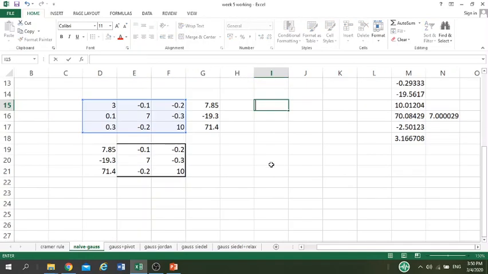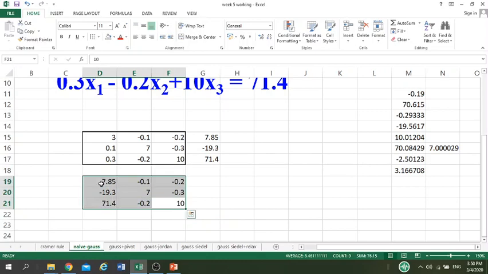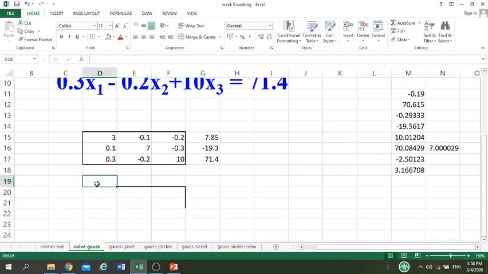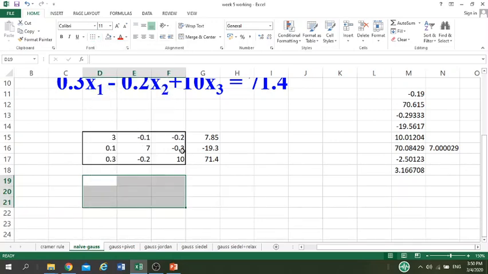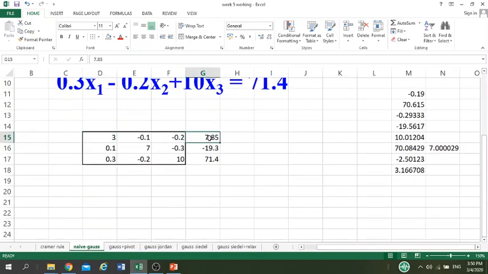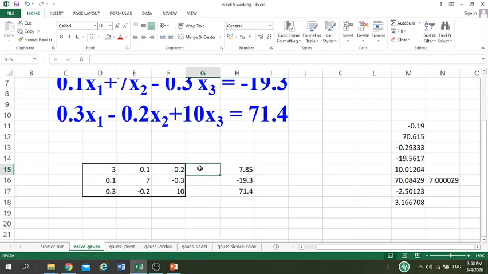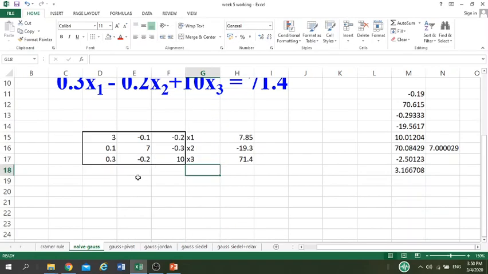Let me clear this up. This is the matrix that we have created from the given equations, and this column is the answer for each of the equations. In this column we write down the unknowns: x1, x2, and x3.